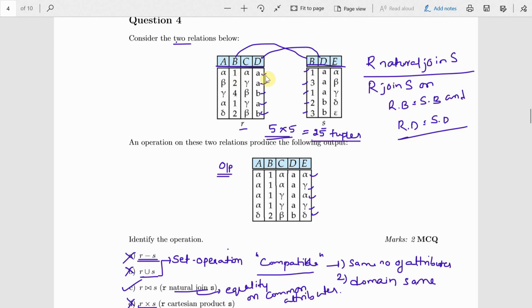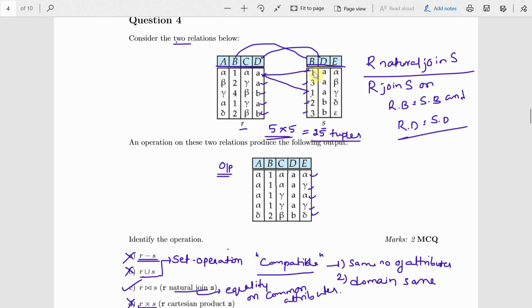Now look, 1 matches with 1 and A matches with A. This is one combination. 1 matches with 1, A matches with A, that is also correct. B and D match. Now 2 matches with 2, but D is A here and this is B. This does not have a match.